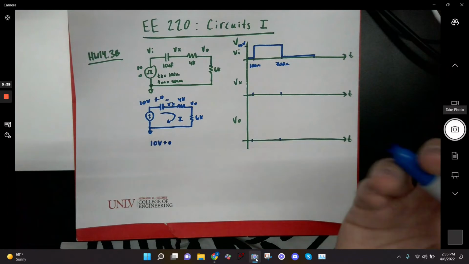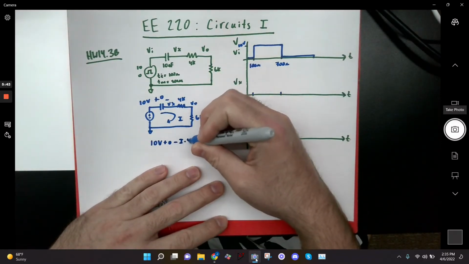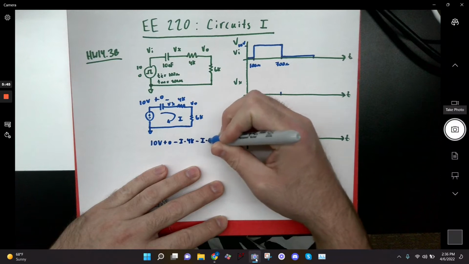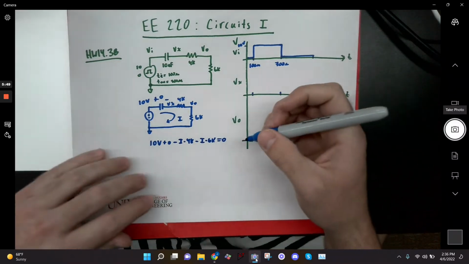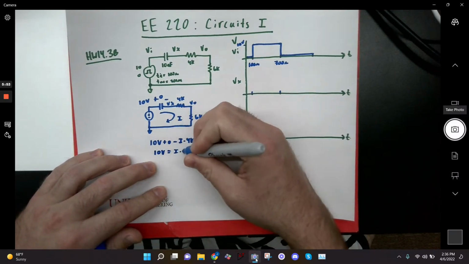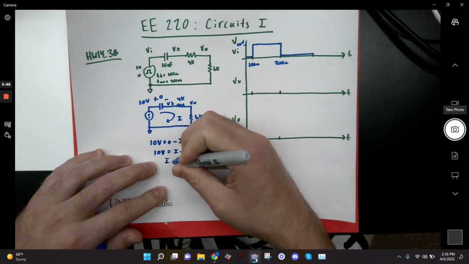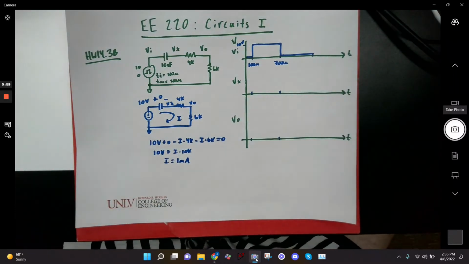That's not going to really affect anything, right? Now I go minus I times 4K minus I times 6K equals 0, okay? So if I solve this, I get 10 volts equals I times 10K, or I equals 1 milliamp, all right?